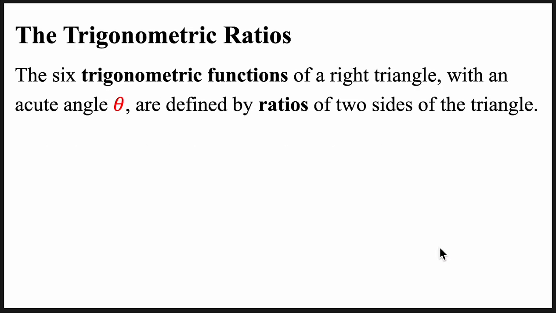Okay, so the trigonometric ratios that we can form based on that triangle, we have 6 of them. The first one that we're going to look at is the sine theta. Well, the sine theta is defined by the side opposite divided by the hypotenuse.